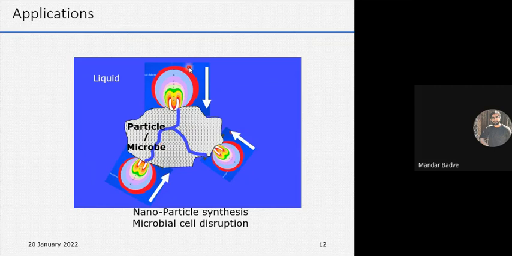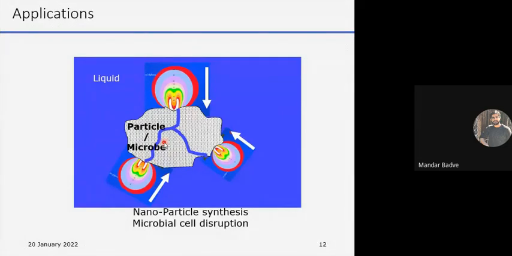So your cavity generates very high pressure and temperature pulses and shock waves, and those shock waves are responsible for destruction of the particle, or disruption of the cell wall, which eventually results in disinfection, or in a reduced microbial count.